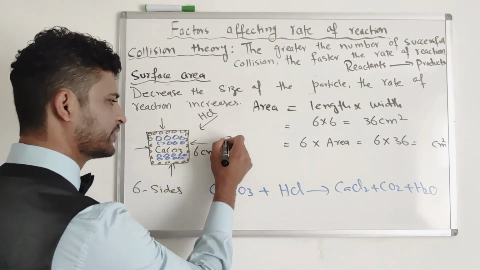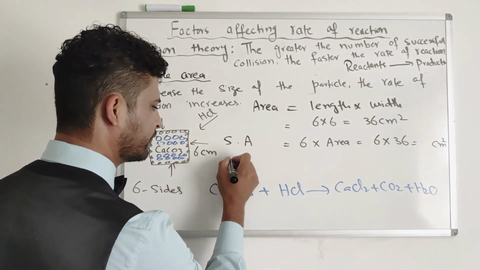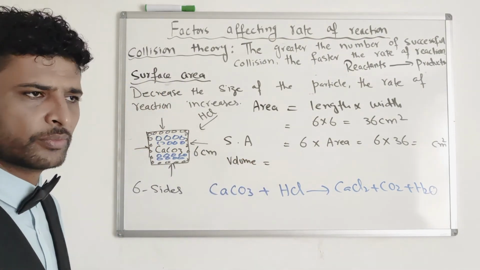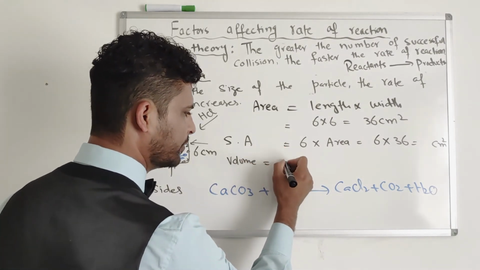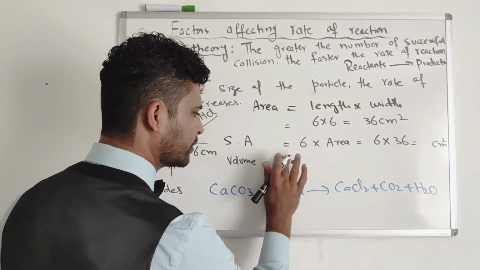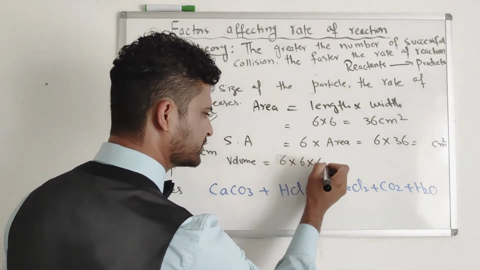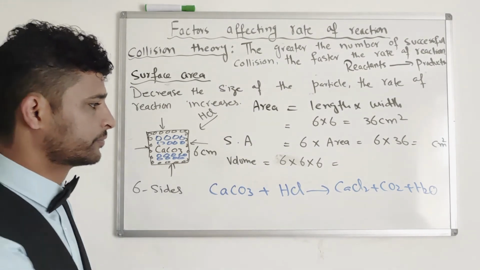Once you get the surface area, which is SA, you can calculate the volume. To calculate the volume of a cube or a rectangle, you use the height, width and length. For the cube, you can say 6 times 6 times 6, and that will be the answer for that.